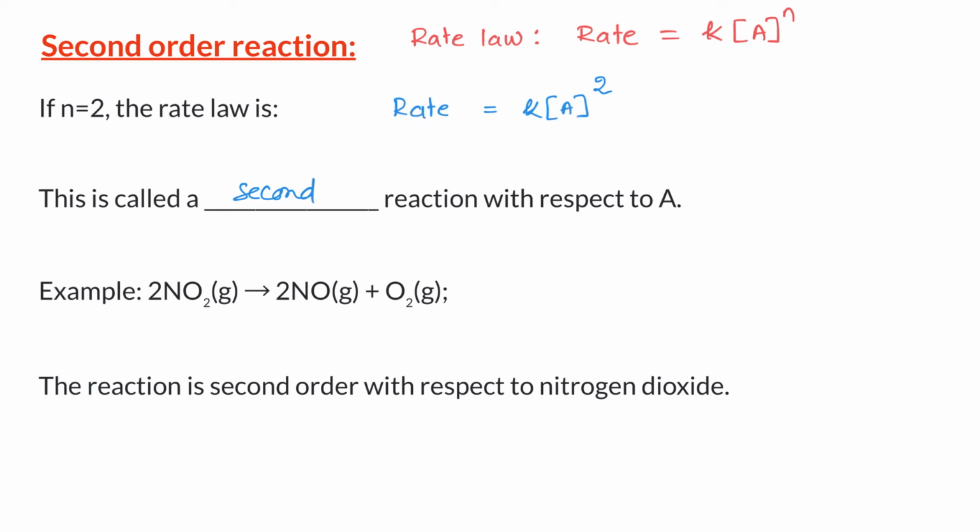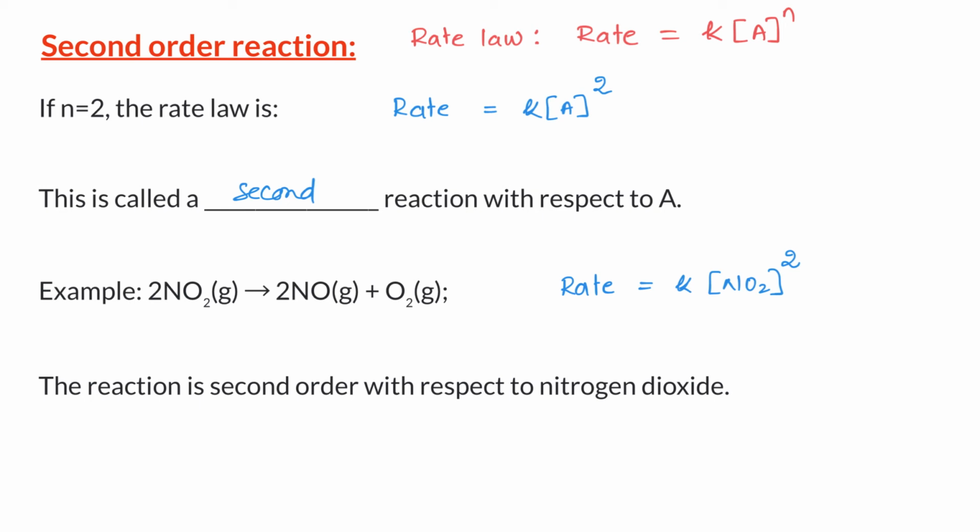An example of a second order reaction is the following. 2 moles of nitrogen dioxide dissociate to form 2 moles of nitrogen monoxide plus oxygen. The experimentally determined rate law for this reaction is rate is equal to some constant k times NO2 concentration raised to the power of 2.